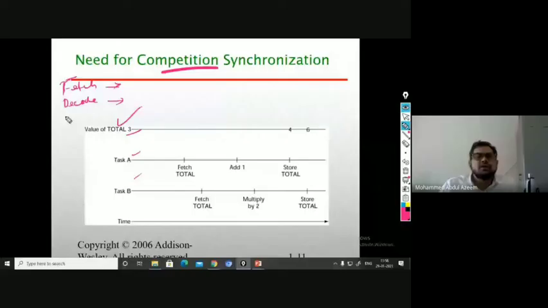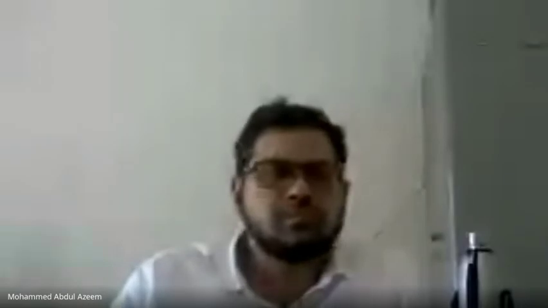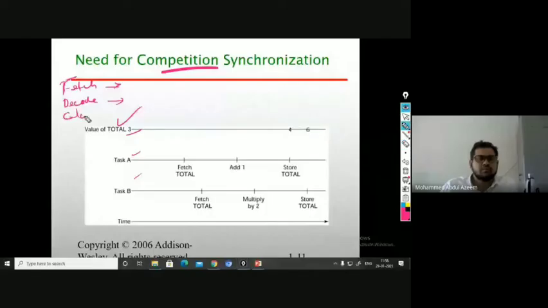Then you fetch the operand, then you execute the operation, then you store the result.